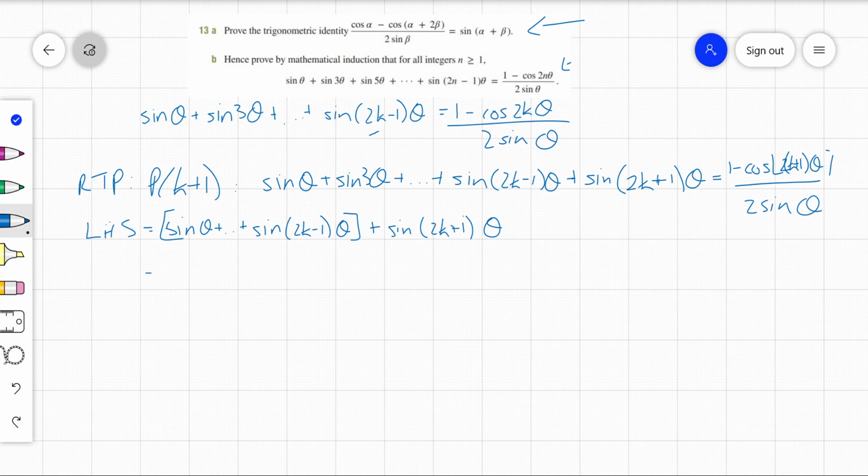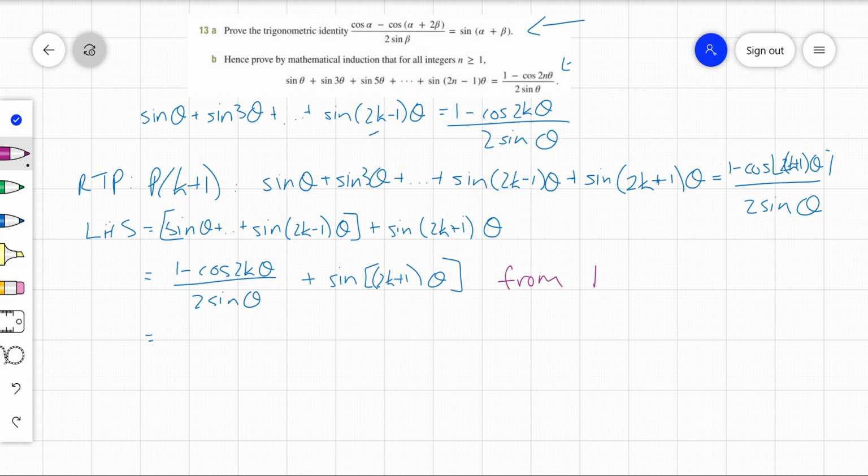All right, so from our P(k), we've got (1 minus cos 2k theta) over 2 sine theta, plus we've got sine of (2k plus 1) theta. So that's from P(k), I really should write that, from P(k).